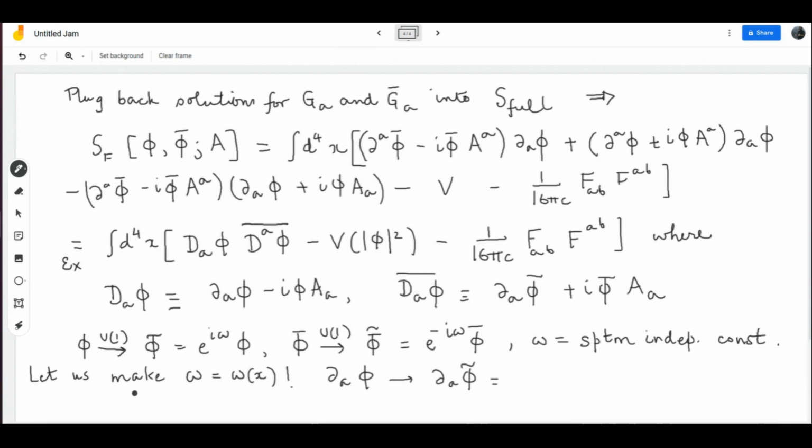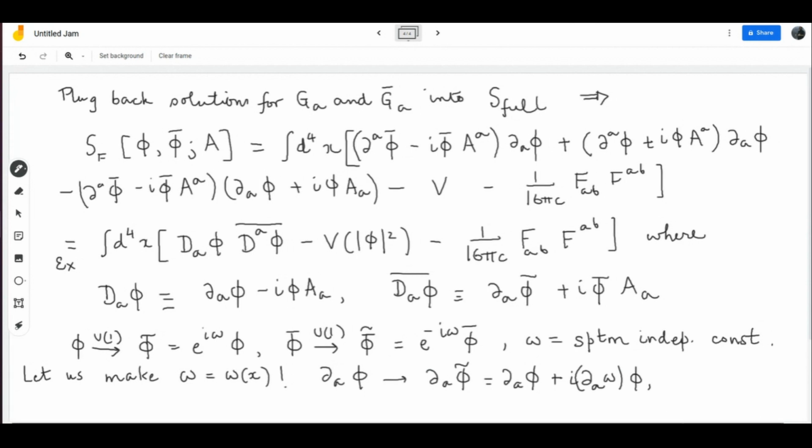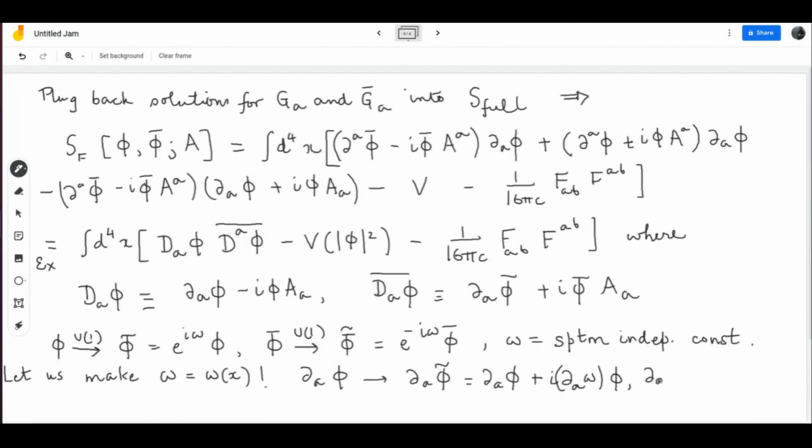But now, if we make omega a function of space-time, then del_A phi tilde will no longer be just equal to del_A phi, but there will be an extra term. And what is that extra term? i del_A omega phi. Correct? And similarly, del_A phi bar tilde is equal to del_A phi bar minus i del_A omega phi bar.